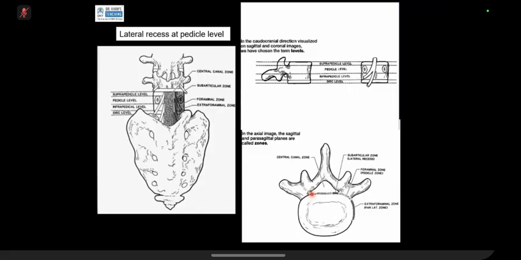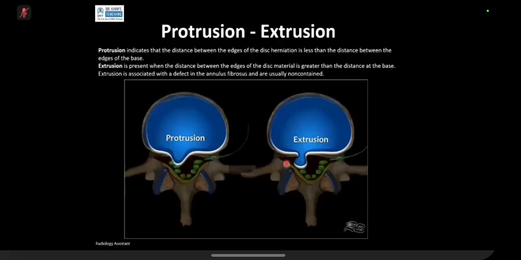This structure here is the lateral recess, and the nerve root will be passing in this lateral recess. And in our case, the sequestrated disc was actually obliterating the lateral recess, and then it will pass below and come out. So the concept of lateral recess is also important.